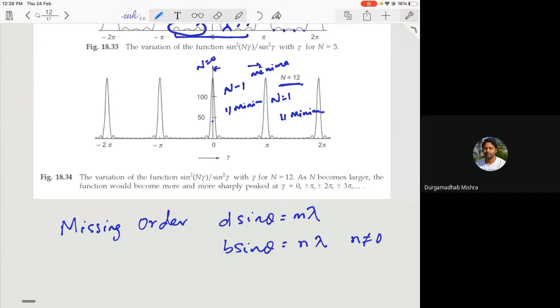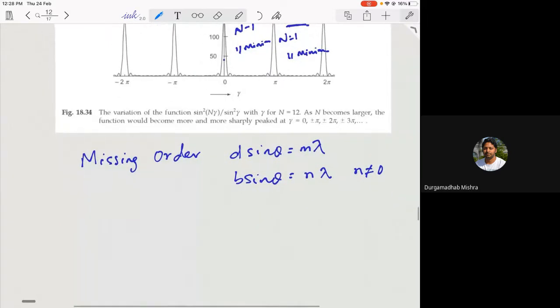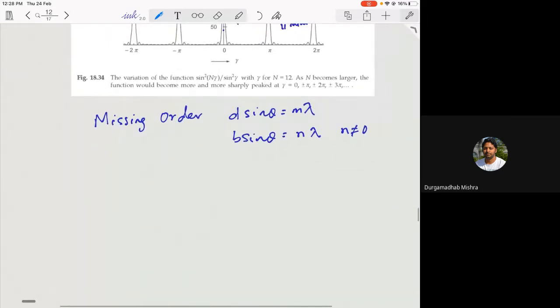This diffraction pattern that we discussed is useful when we talk about the resolving power, when you want to resolve some objects in a telescope or a microscope. I think you already know about the Rayleigh criterion for a telescope: delta theta is equal to 1.22 lambda by d, where d is the size of your lens, the aperture.